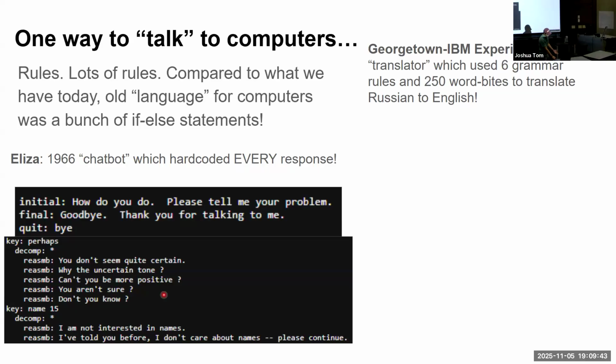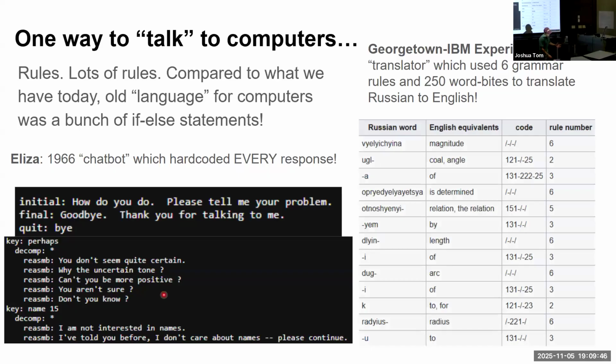That's not what we're doing. And then this other thing called Georgetown IBM. It's a translator, goes from Russian to English. This just uses rules and if-else statements. So what we're trying to do is not use that, because obviously we can make something like this in like 20 minutes and we're talking to a computer, but this is just rules. So we're trying to go beyond this.